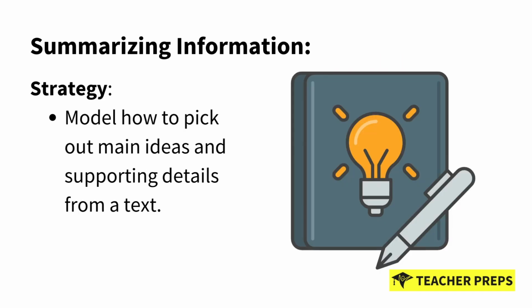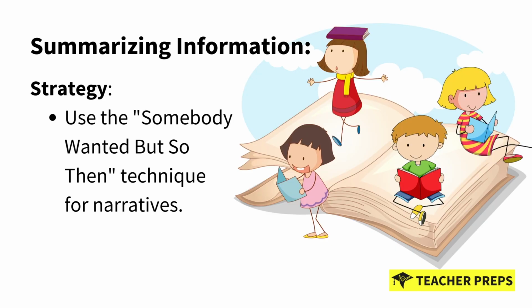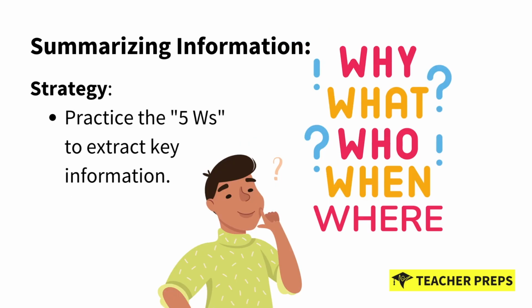First, model how to pick out main ideas and supporting details from a text. Next, we can use the somebody wanted but so then technique for narratives. And finally, we can practice the 5 W's: why, what, who, when, and where in order to help our students extract the key information from their text.